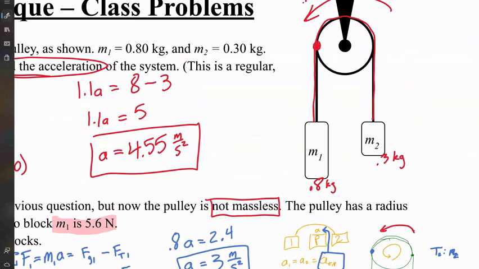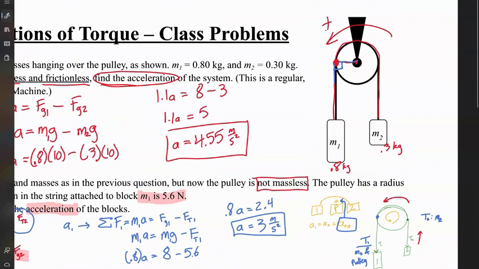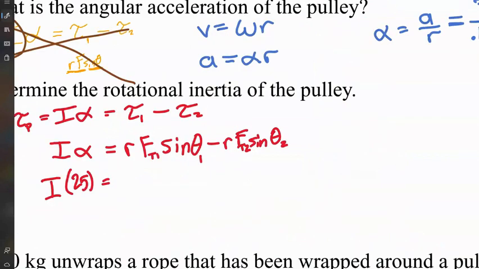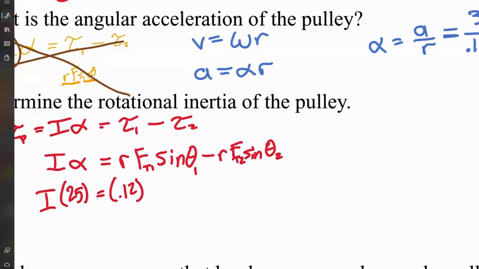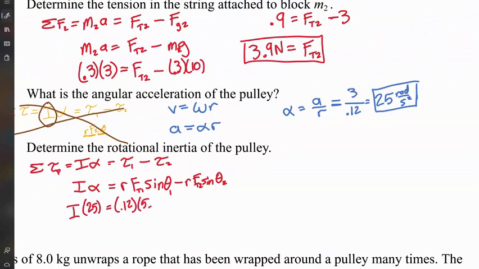You have to go all the way from the edge of the pulley to the center of the pulley, which is the entire radius. So that's what we'd expect. Radius of the pulley, and the angle between the radius and the force, well, those are perpendicular. It's 90 degrees. So R is just 0.12, the 12 centimeters, and then FT1, we were told that was 5.6 newtons.